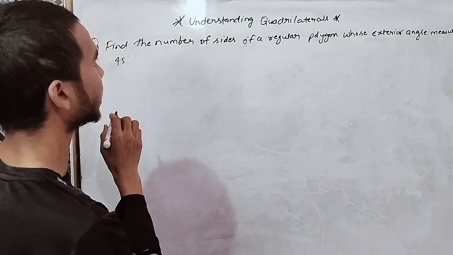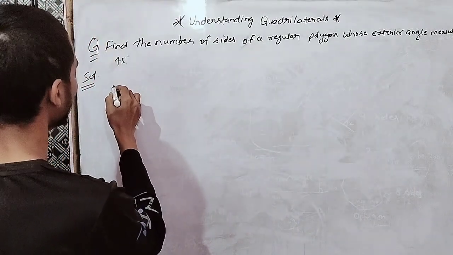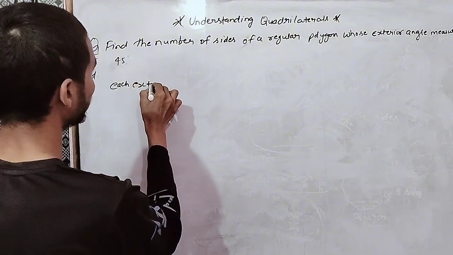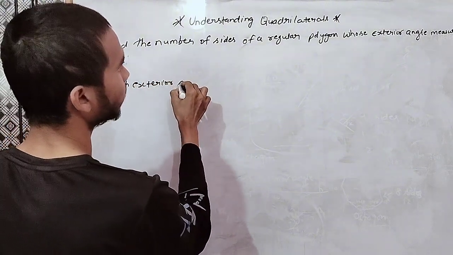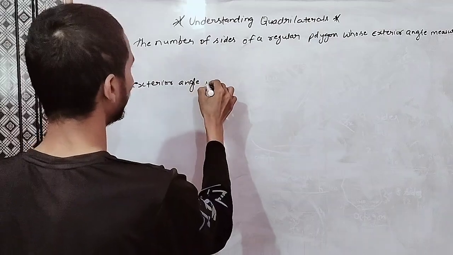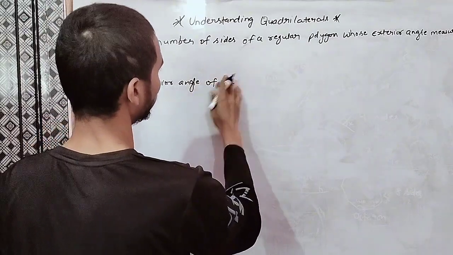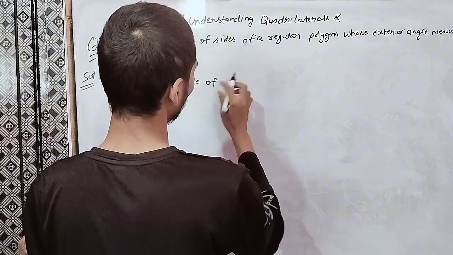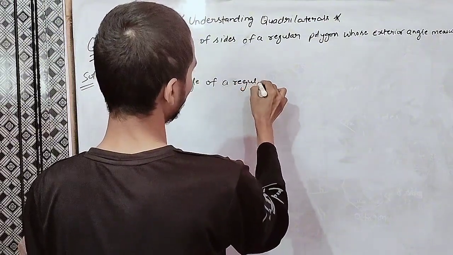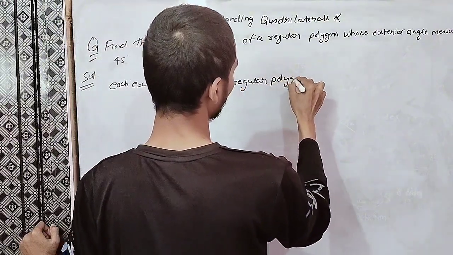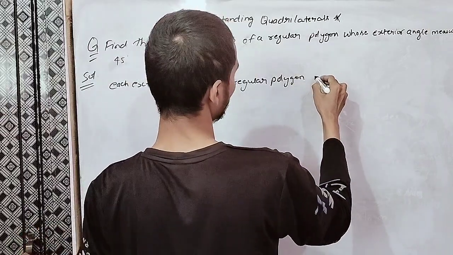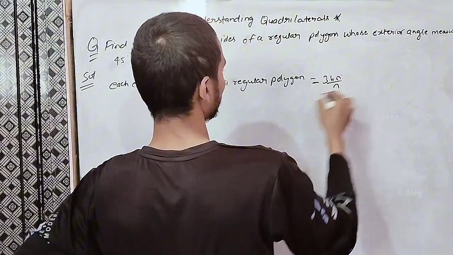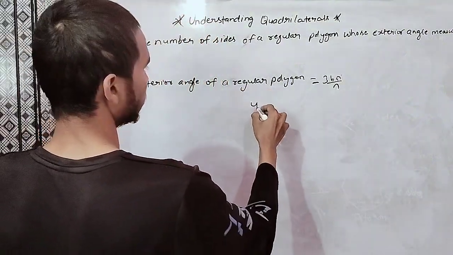So we have the exterior angle. Can we say each exterior angle of a regular polygon is how much? 360 divided by the number of sides, and the answer is 45 degrees.